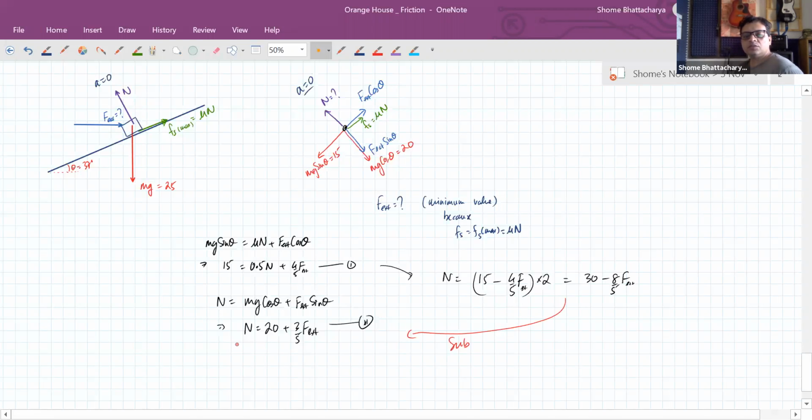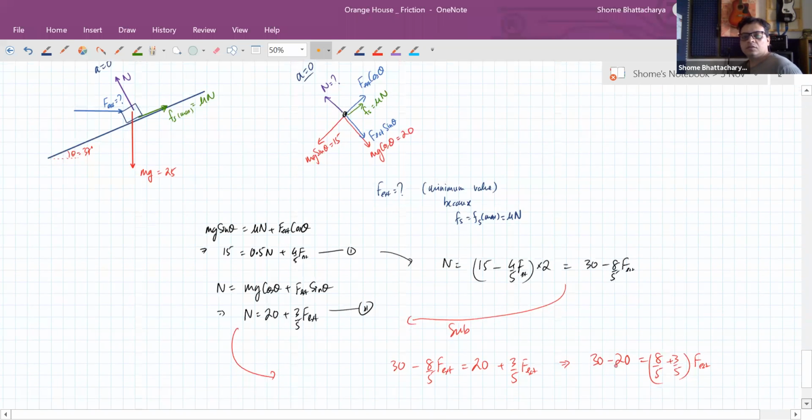Substitute this here, so this equation becomes 30 minus 8 by 5 F is equal to 20 plus 3 by 5 F. So you'll see that you get 30 minus 20 is 8 by 5 plus 3 by 5 F external.